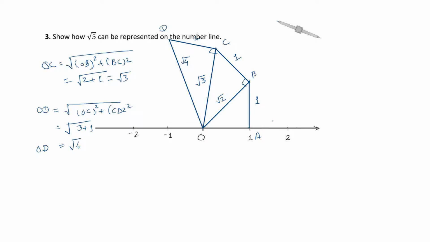So now we will get square root of 5. Again, we will draw a perpendicular to this line OD of unit length. Now we will get a line DE that is perpendicular to the line OD. The length of this line DE is 1.